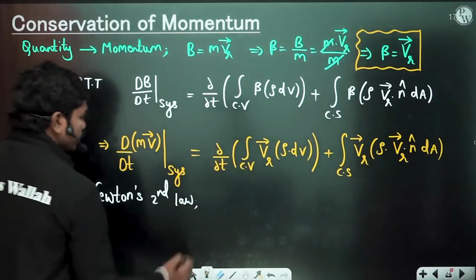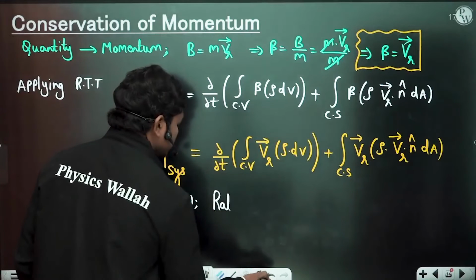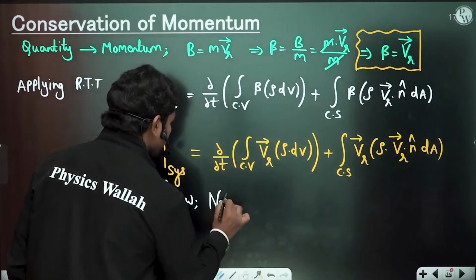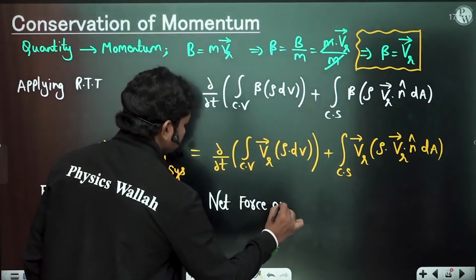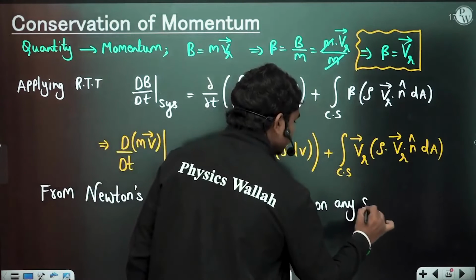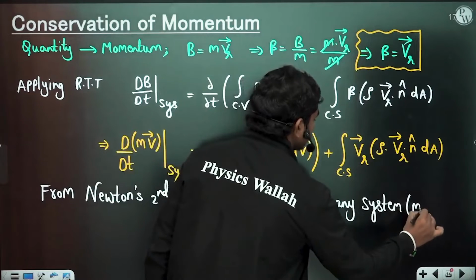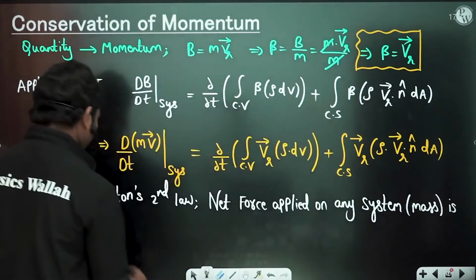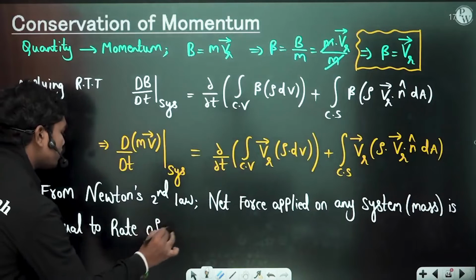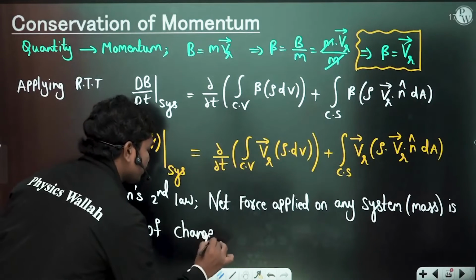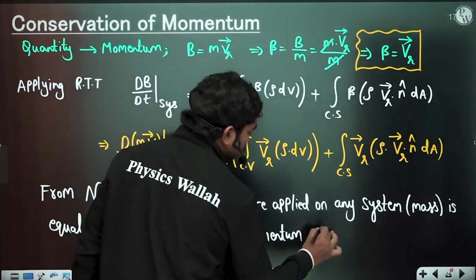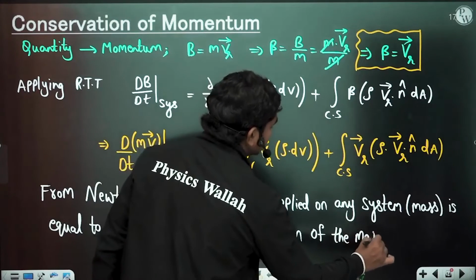From Newton's second law, we know the rate of change of momentum, or you can say the net force applied on any system, basically some mass which is fixed, is equal to the rate of change of momentum of the mass, basically the system, correct?